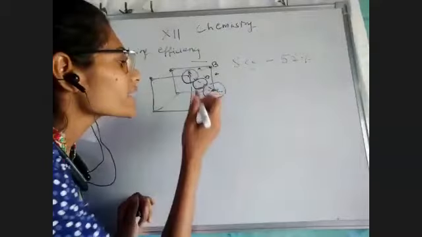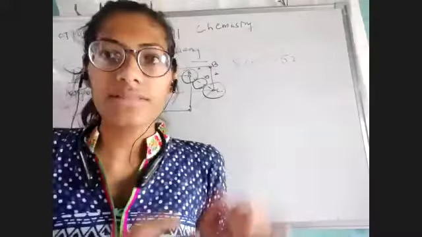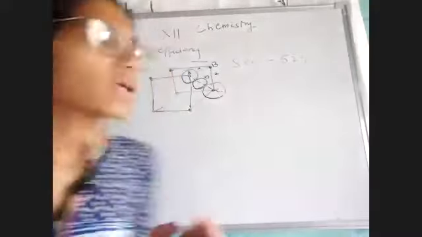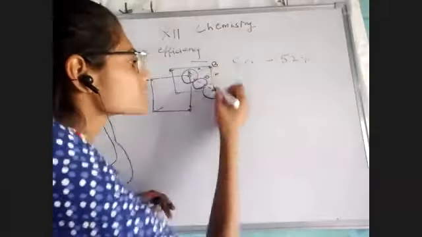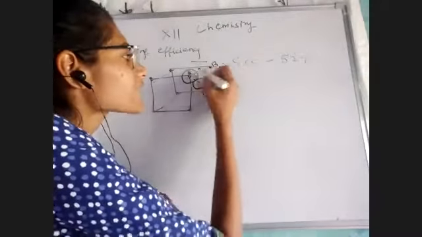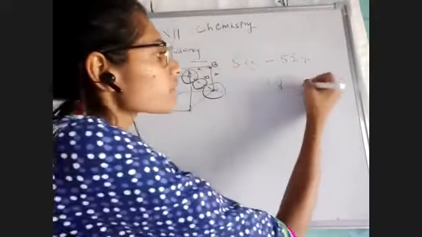We know very well that in our cubic unit cell we have edge lengths which are equal to a, b, and c. So let's assume that this is AB, this is BC, and this AB represents our edge length, which equals a.